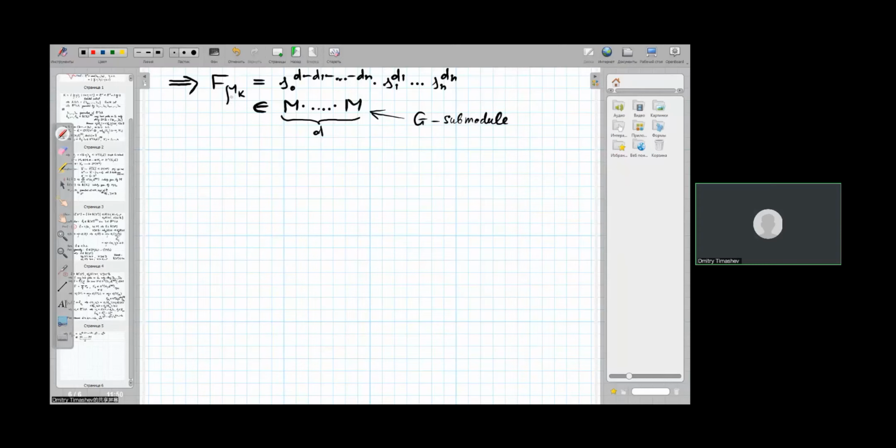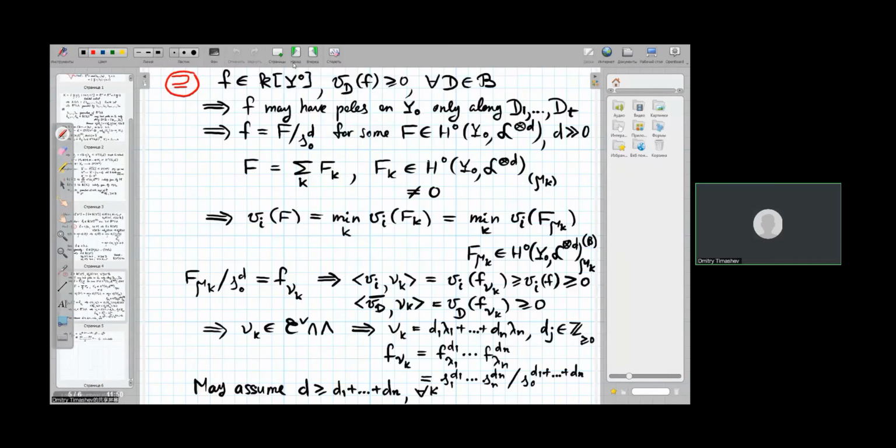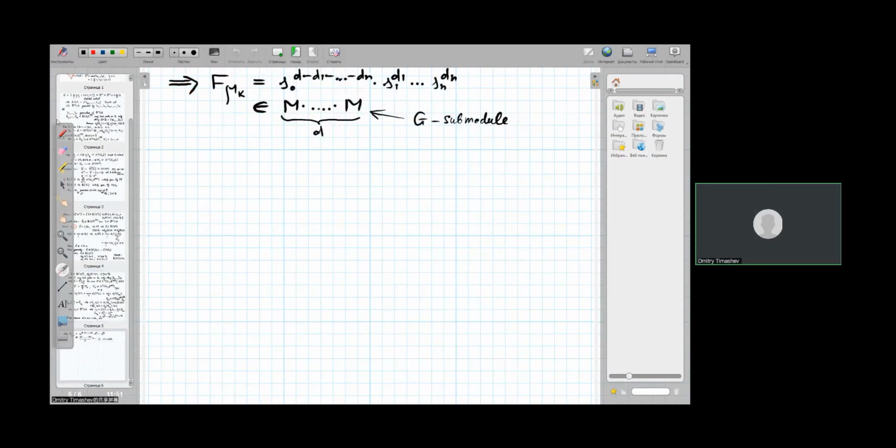And if this highest weight vector f mu k is in this G submodule, then the whole simple module spanned by this highest weight vector is still contained in the G submodule M product with M d times. So f sub k is also in this submodule.